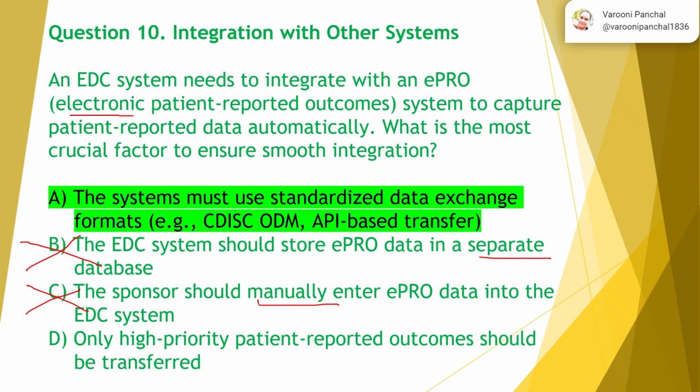Now there is nothing called high priority or low priority data. Whatever data is captured, all of it should be entered in your database. That is what my clinical trial data set is. So D is not the right answer.